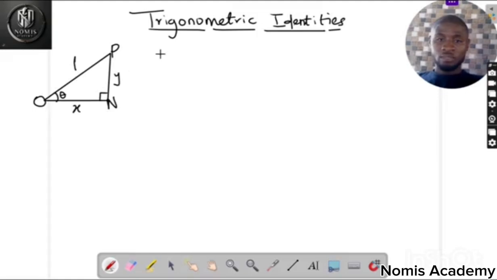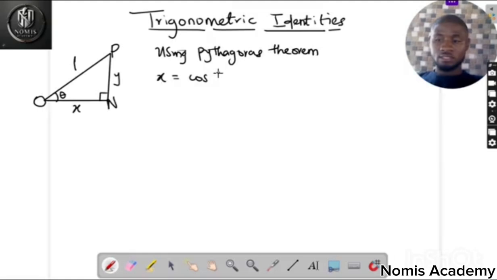Now, using Pythagoras theorem, we can tell that x is equal to cos theta. What do I mean?